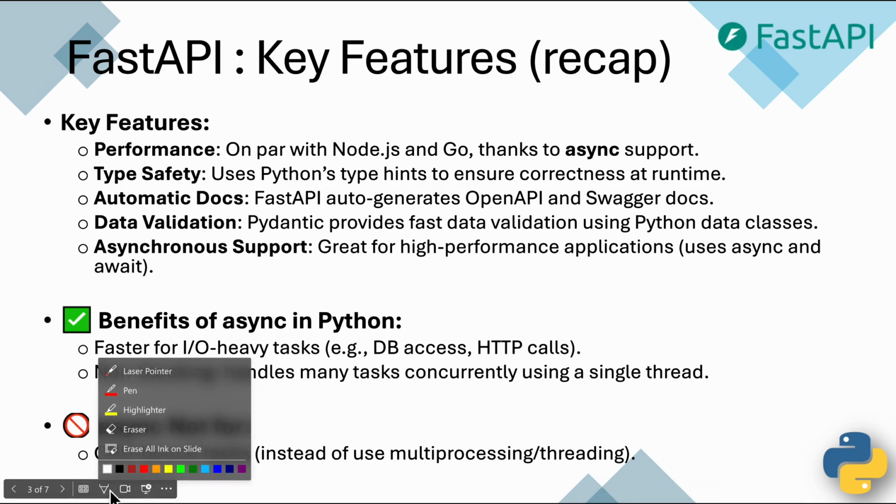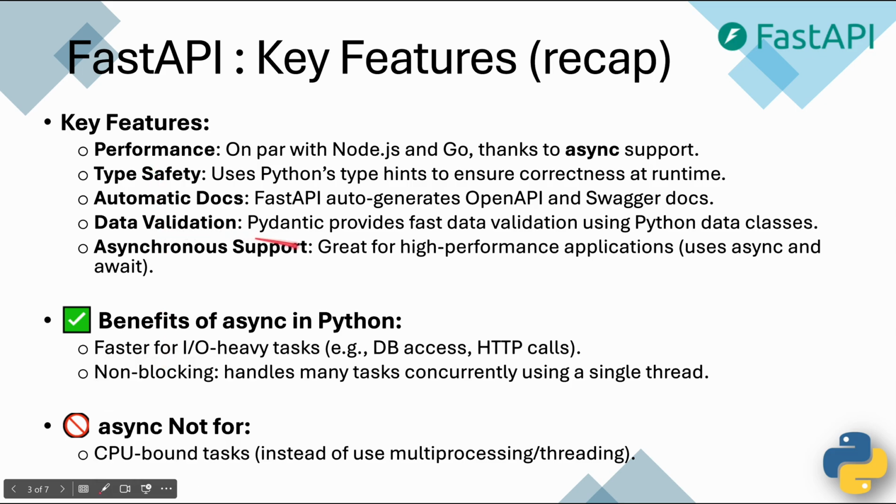Data validation and automatic docs. FastAPI auto generates OpenAPI and Swagger documentation. Data validation. Pydantic provides fast data validation using Python data classes. Asynchronous support. It's great for high performance applications. It uses async and await keywords for supporting the asynchronous support.